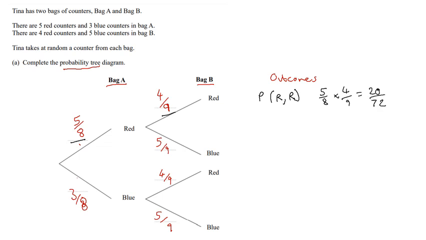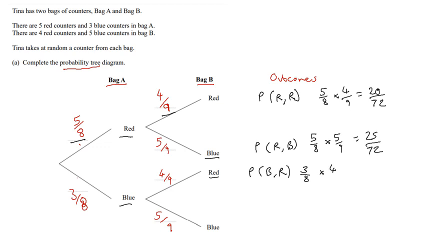The next one would be for the probability of red and then blue. So red and then blue would be 5/8 times 5/9, which would be 25/72.